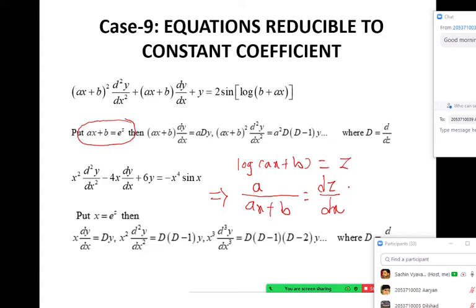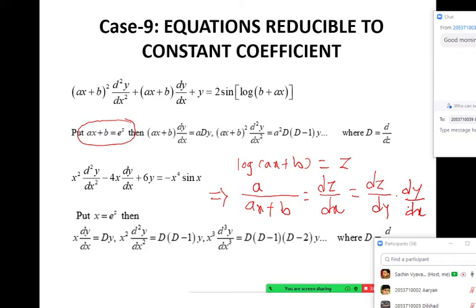Yes, we'll come to that here. Can we write this dz by dx as dz by dy into dy by dx? Can we write like this? Yes, sir. Okay, so we can write that.